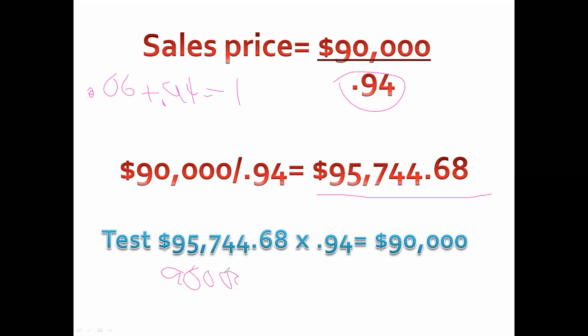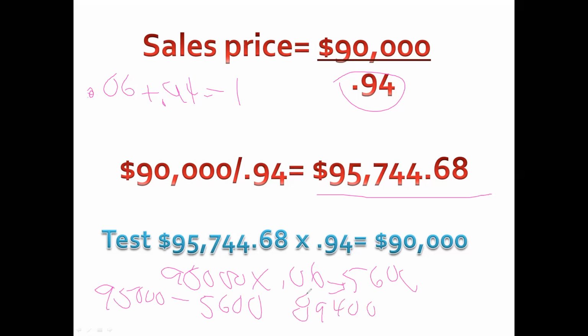You would just take 95,000 times 0.06, which is 5,700. If you put your answer as 95,000 and you subtracted the commission, that's not going to be 90,000. That's going to be 89,300.